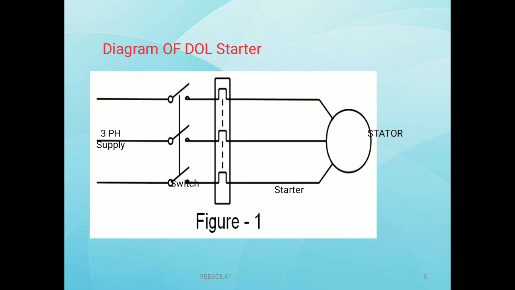Here is the diagram of DOL starter. The three-phase supply: R phase, Y phase, B phase, and the switch, that is TPST switch, triple pole single throw.